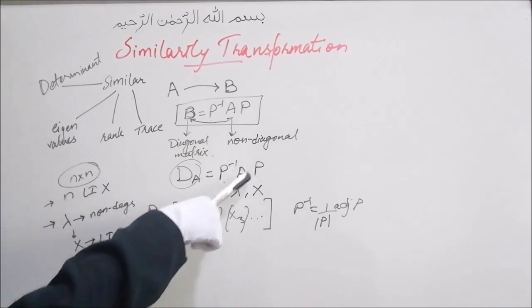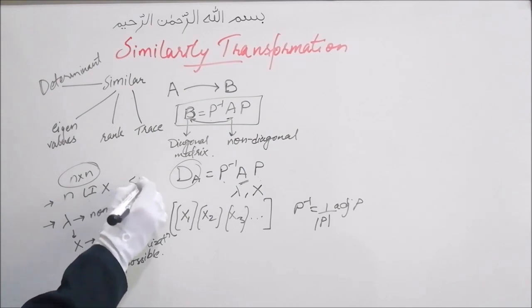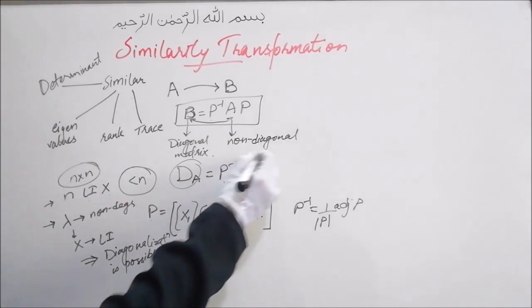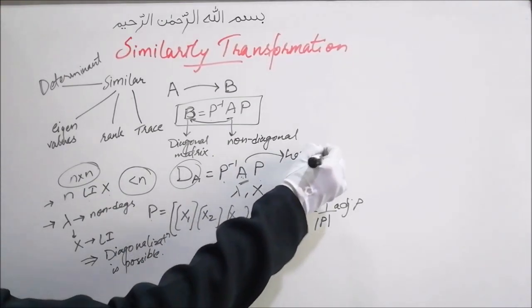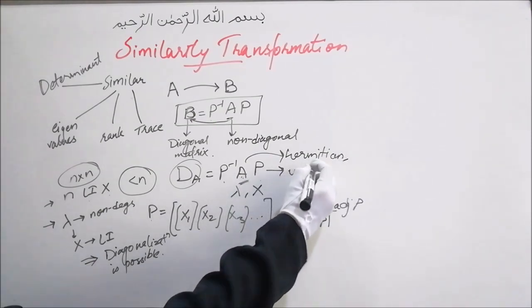But if this matrix A has linearly independent eigenvectors which are less than n, then the diagonalization is not possible. Now if this non-diagonal matrix is Hermitian, then this P will be a unitary matrix.